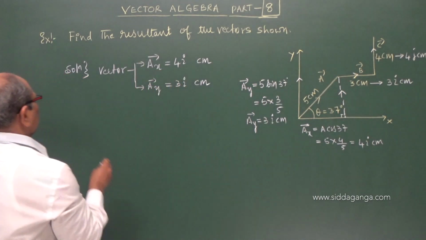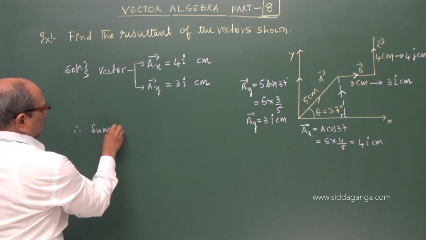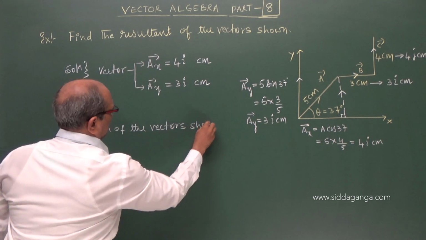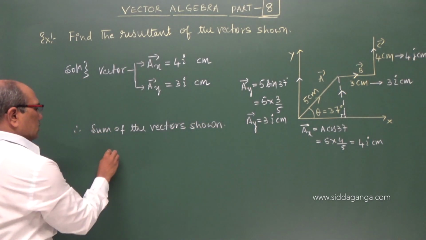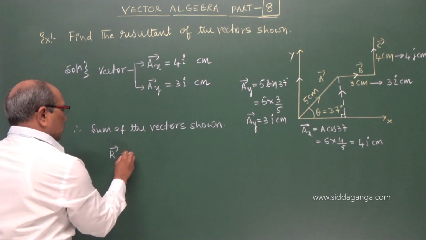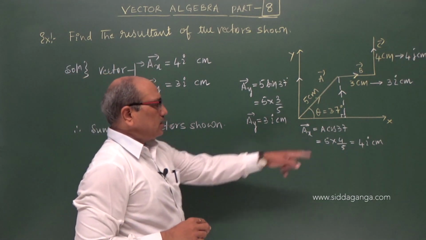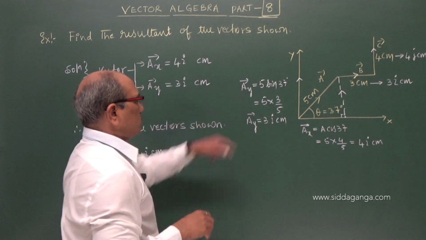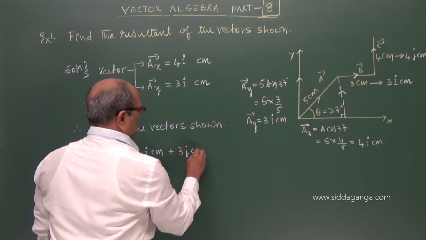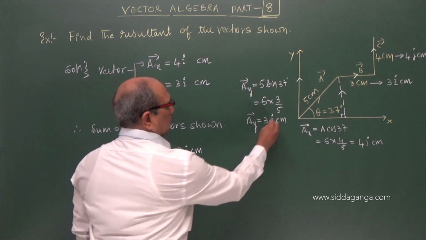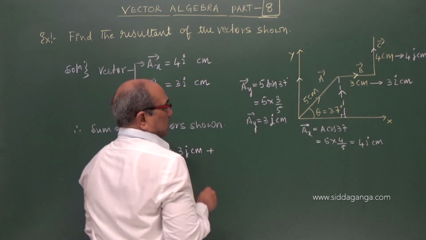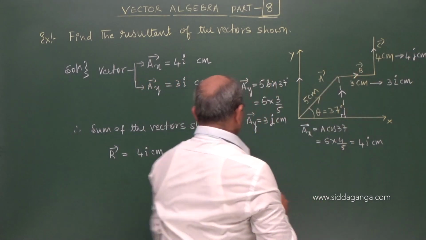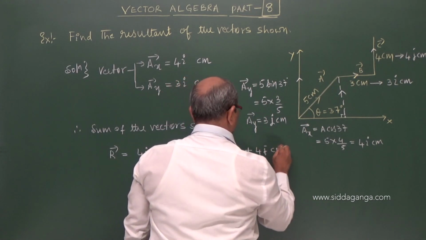Therefore, the sum of the vectors shown in the graph is the resultant. So Ax is 4i centimeter plus 3j centimeter, plus 3i centimeter and plus 4j centimeter.